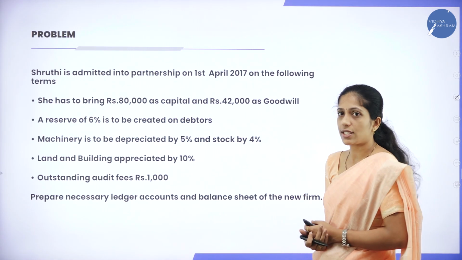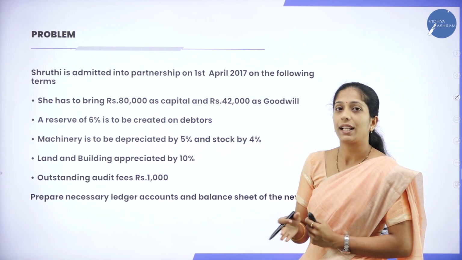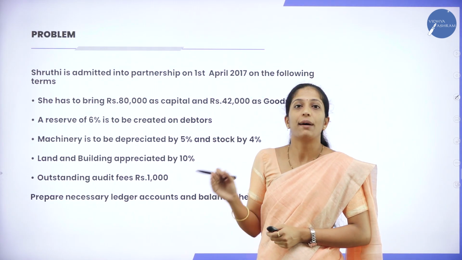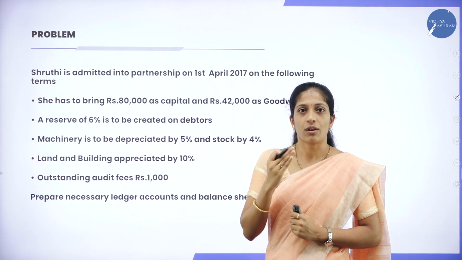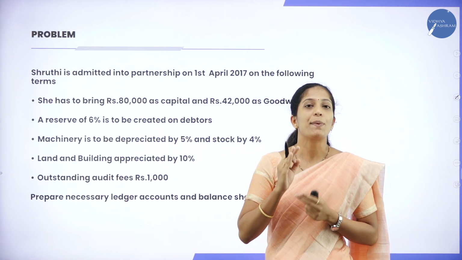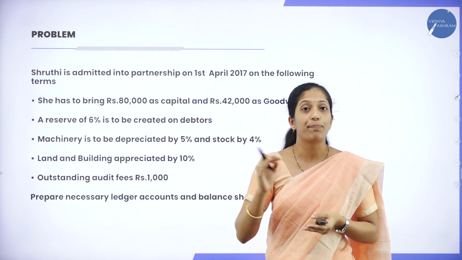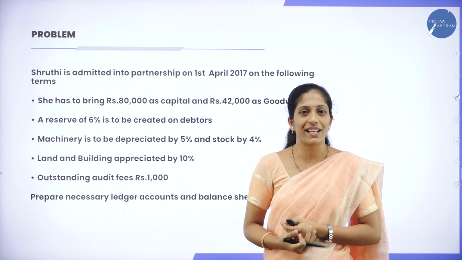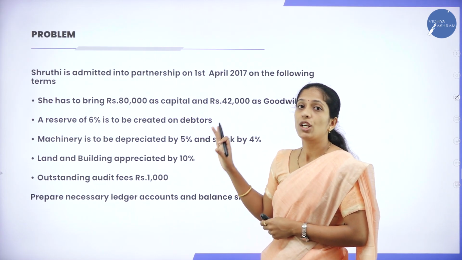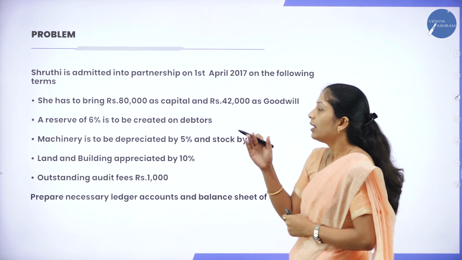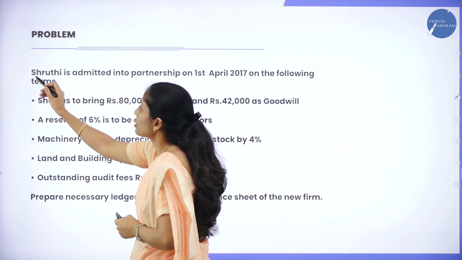Now go through the adjustment, and my dear students, make sure that all these adjustments have to come twice in your solution. So remember, it may be in revaluation account or it may be in partner's capital account or it may be in the balance sheet, but it should come twice in your solution. Now a new partner, that is Shruti.